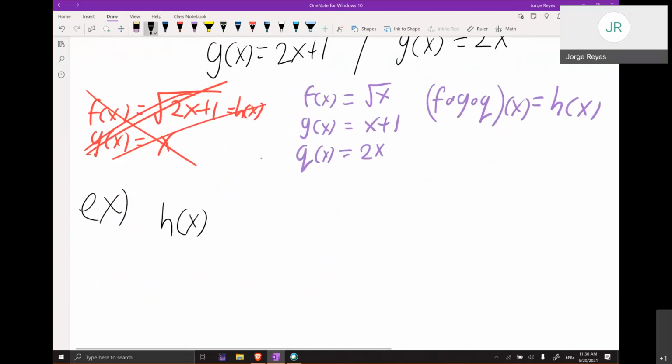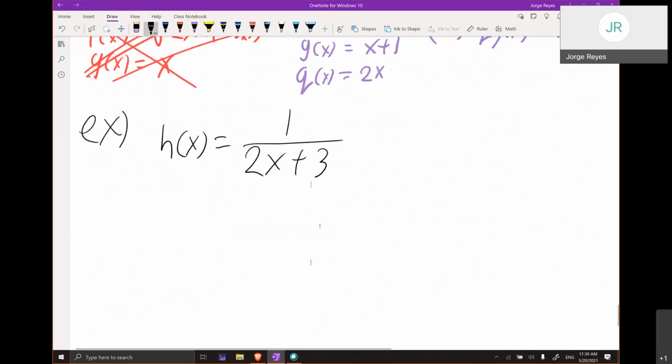So here, I have a function h. It's this. I want you to be able to break it into two pieces. Again, I hope you can see pieces of it. So you see the bottom, it's 2x plus 3, and then it's on the bottom.